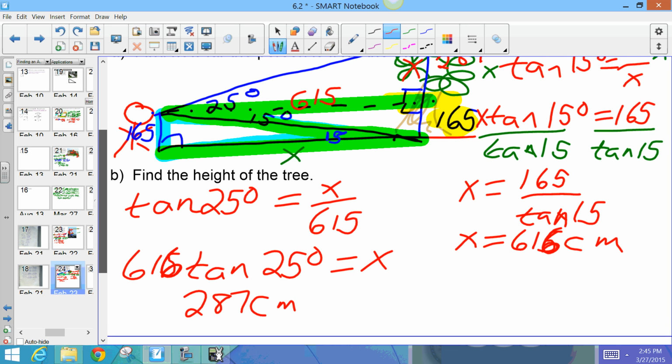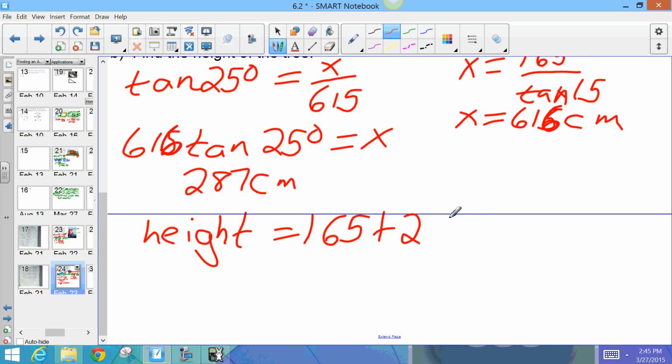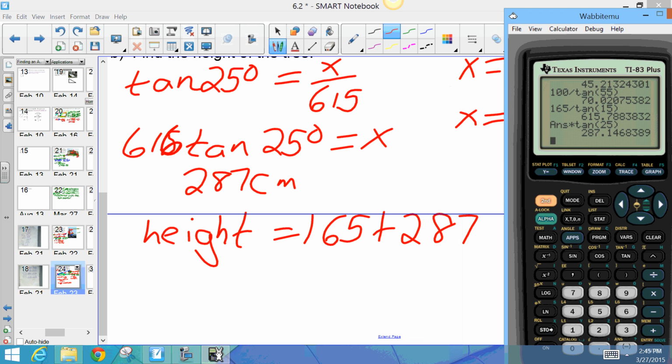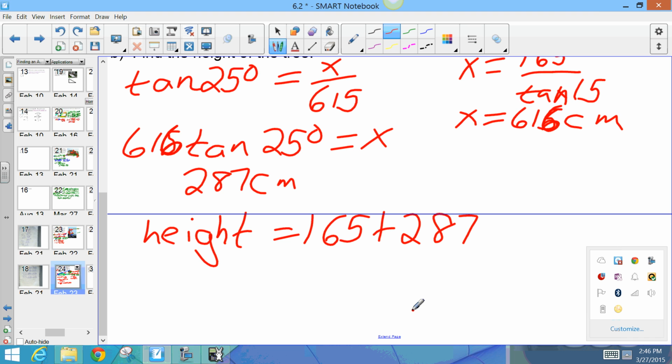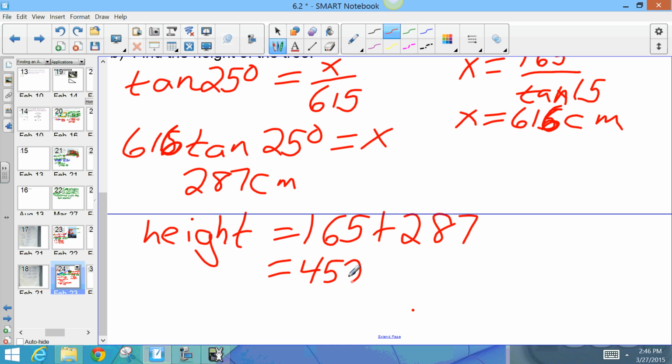So height is 165 plus 287, which is 452 centimeters.